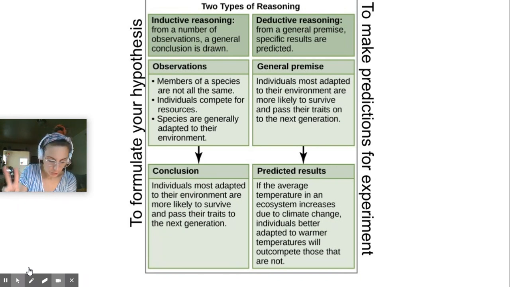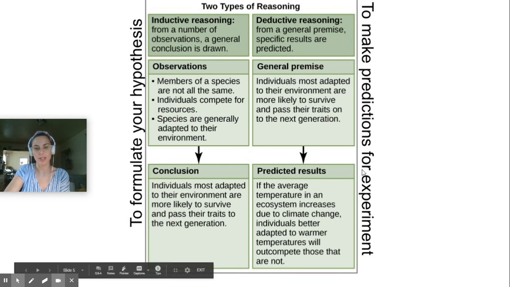Number two, hypotheses use inductive reasoning to formulate a possible explanation for a natural event. Then predictions and experiments. Deductive reasoning involves if-then logic to then make that prediction, as we're seeing here.